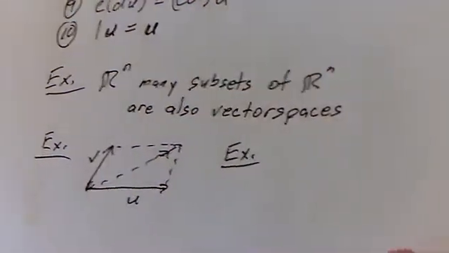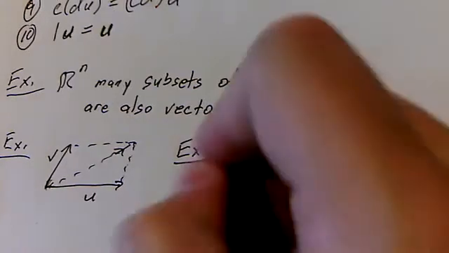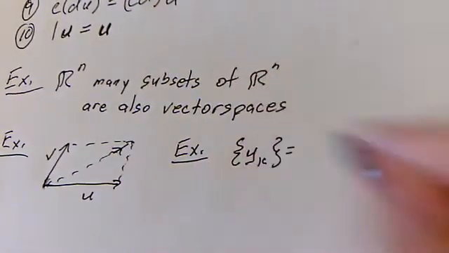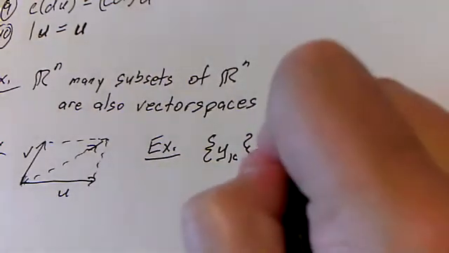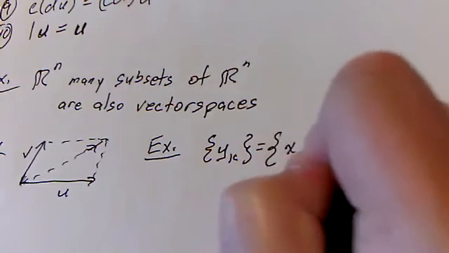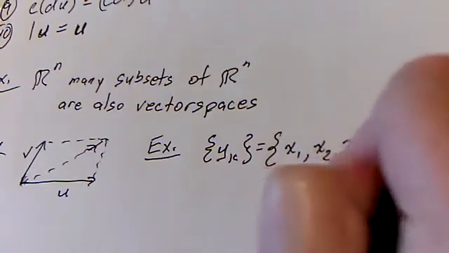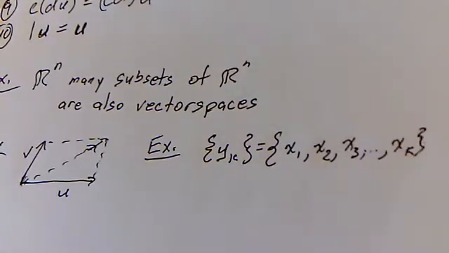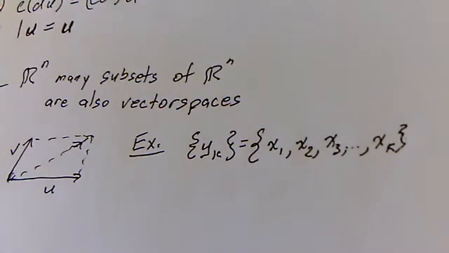Another example is that I can have infinite dimension type things. I can use sequences. If you remember sequences from calculus, I could have a sequence that is x1, x2, x3, ... that continues, xk. So that's a finite one.